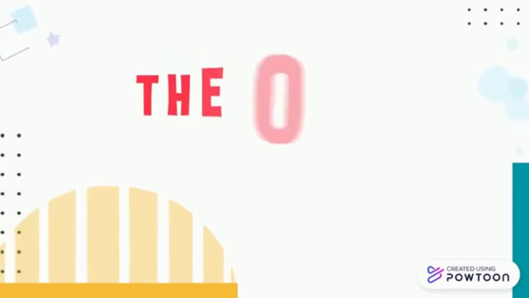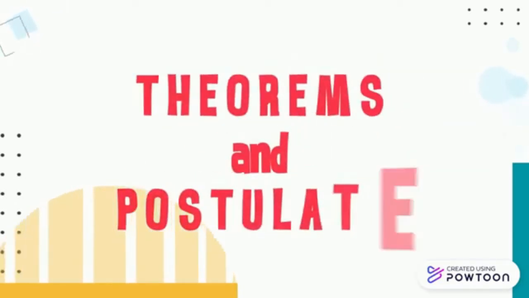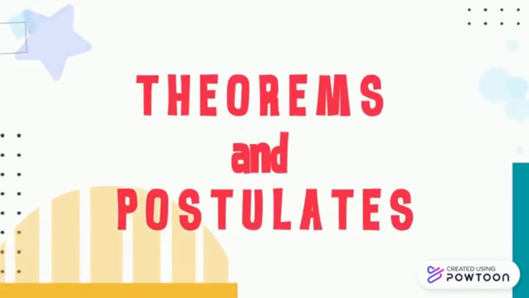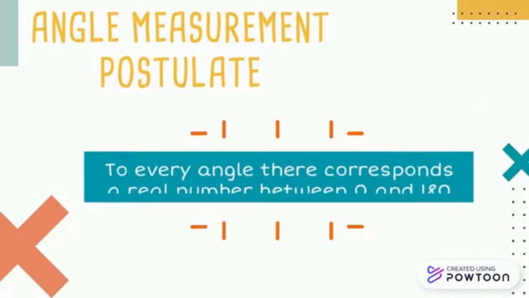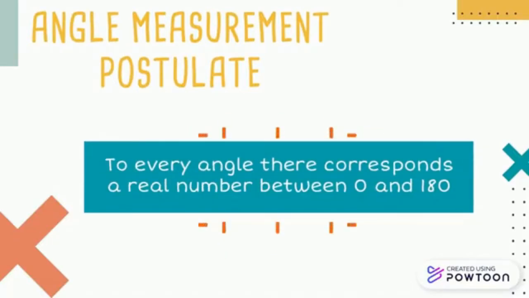Now, let us explore some theorems and postulates regarding angles. First, we have the angle measurement postulate. It states that for every angle, there corresponds a real number between 0 and 180. We know that angles are measured through degrees, but it also corresponds to a real number between 0 and 180.